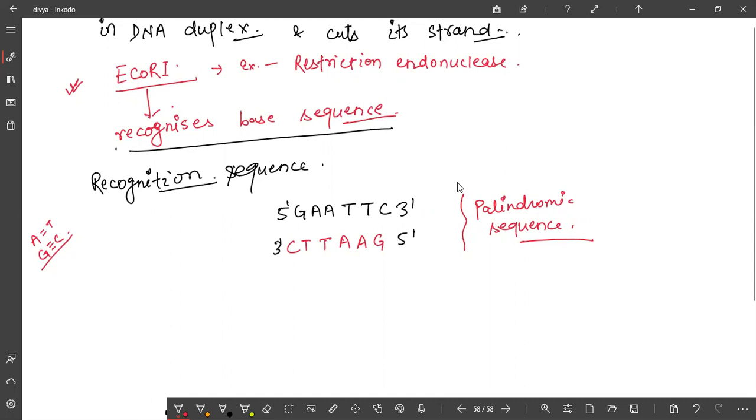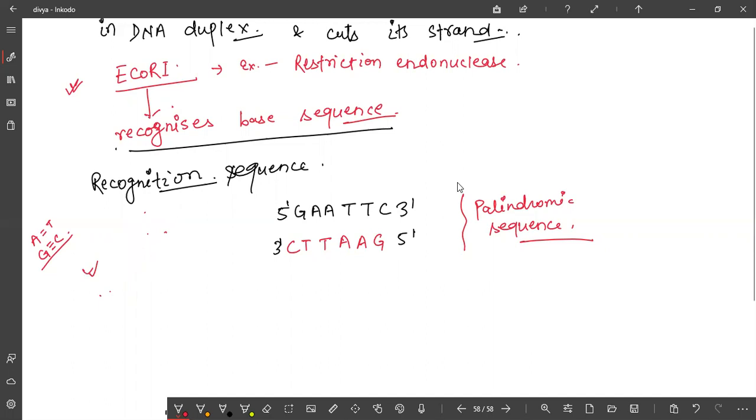GAATTC. It means both strands read the same, like the word madam. Read from the left, what is the spelling? MADAM. And from the right also, what is the spelling of madam? MADAM. So do you know a palindromic sequence now? A palindromic sequence means it reads the same. So this is called a palindromic sequence.